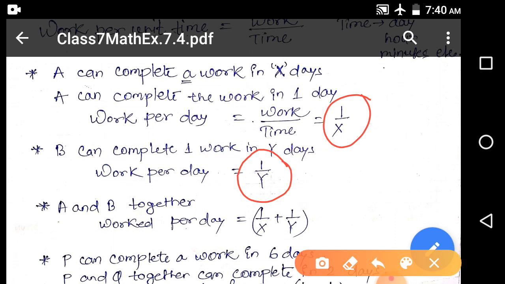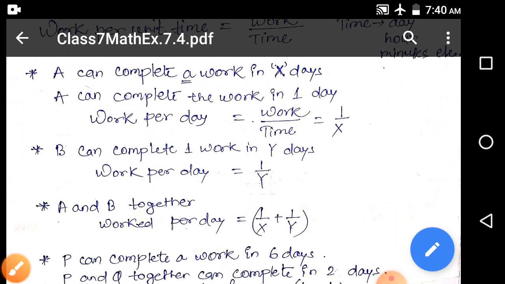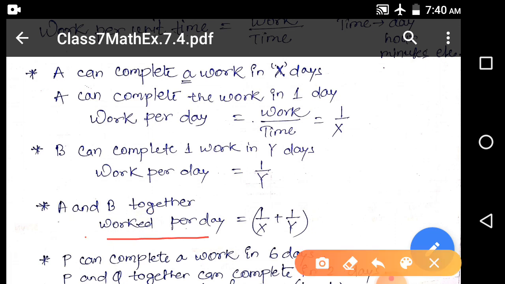That means we have the part of work that A did in 1 day and the part of work that B did in 1 day when working alone. Suppose A and B work together on the same work. Then the part of work they complete in 1 day is the sum of those two parts.